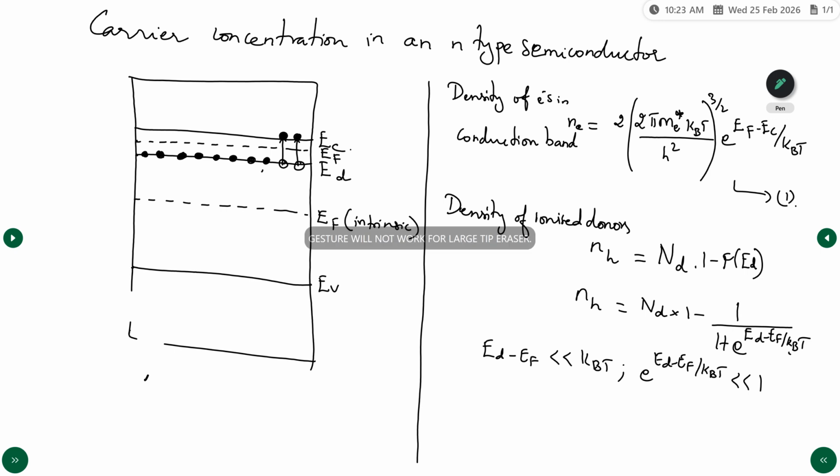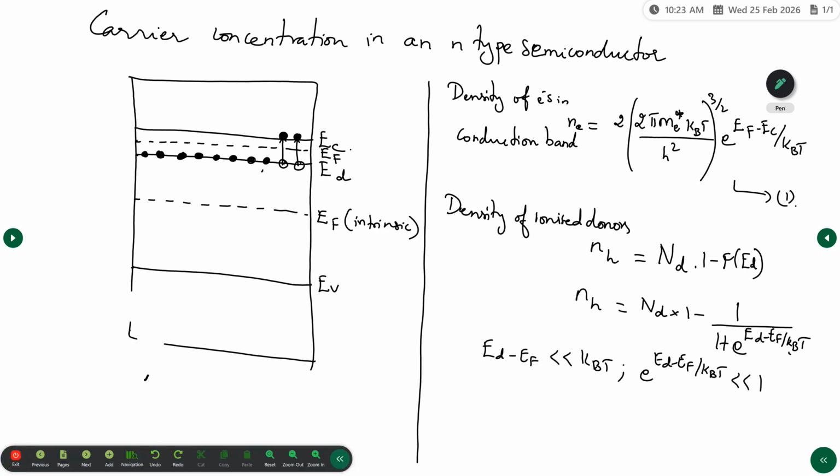The next page. So NH is equal to Nd into 1 minus f of Ed, right? So 1 minus this value divided by 1 plus e power (Ed minus EF) by kBT.